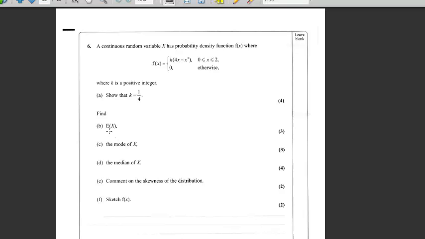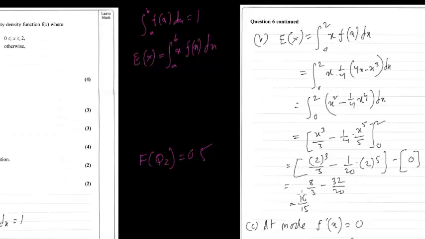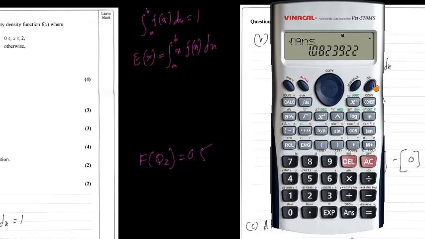The next question, comment on the skewness. So we have the median and we have the expected value, which means the mean. So we can compare the mean and the median to say whether it is positively skewed or negatively skewed. So the median is 1.08 and the mean was 16 by 15, 16 divided by 15 means 1.07.